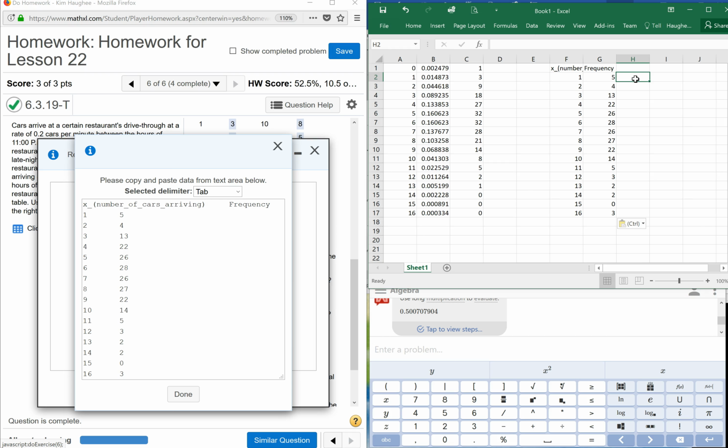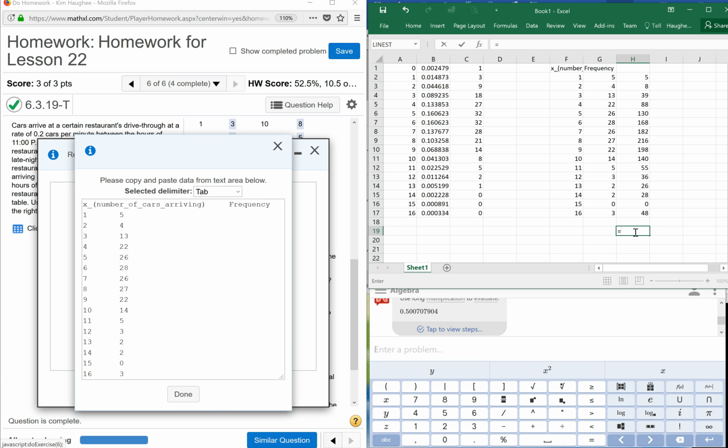So I now want to take 1 car arriving and multiply it with 5 restaurants, because that means 5 cars total were accounted for. Then I want to take 2 cars arriving and multiply that with 4 restaurants to give me a total of 8 cars. Now in Excel, I can copy those formulas and drag it down. So we can see that when 6 cars arrived at 28 restaurants, that creates 168 cars.